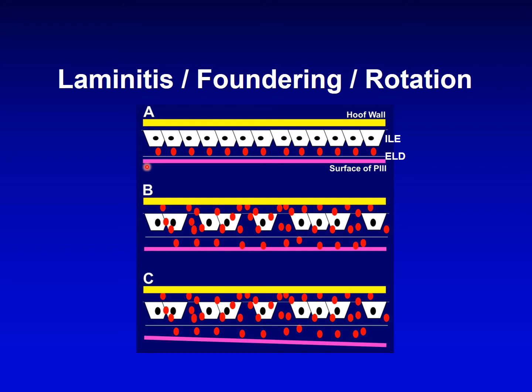Sometimes, in certain diseases, systemic or local, this lamina starts to die, and the interdigitation between the internal lamina of the epidermis and the external lamina of the dermis starts to be lost. You start to lose this interdigitation.